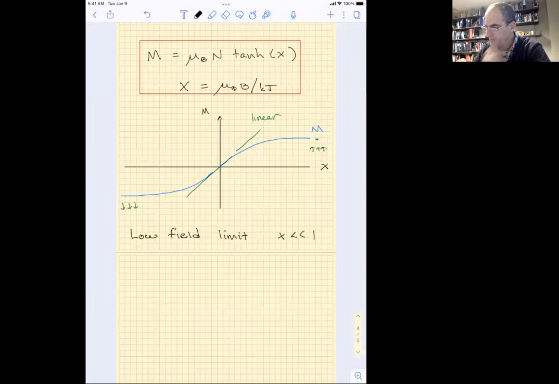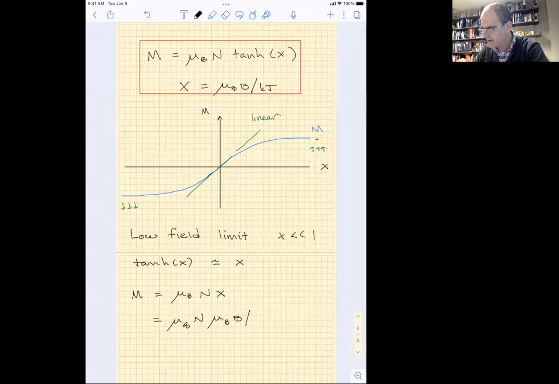Then in the low field limit, tanh of x is approximately equal to x. Then the magnetization is just mu B times N times x, which is mu B times N times mu B B over kT. Or finally, M is equal to mu B squared N over kT times mu naught times H.